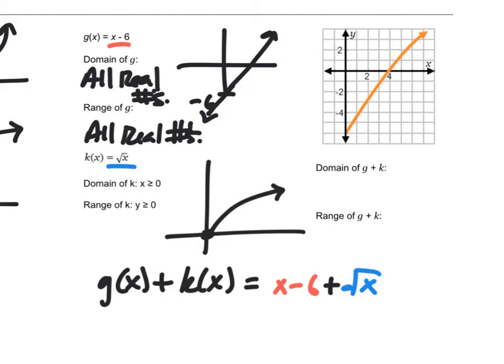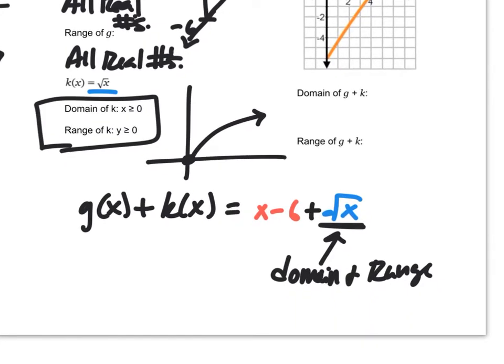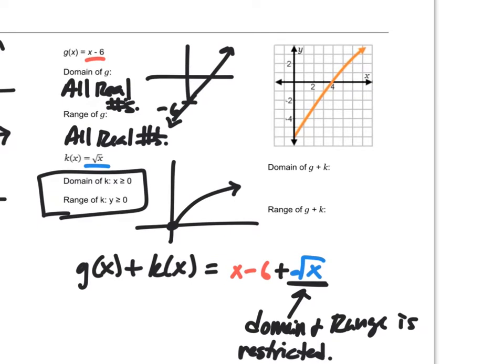Now the reality is that this portion, okay, the domain and range are restricted. Domain and range are restricted, okay, and they have these domains and ranges here, okay? The domain and range is restricted. Because this domain and range is restricted, okay, when you add them together, you get a new graph.